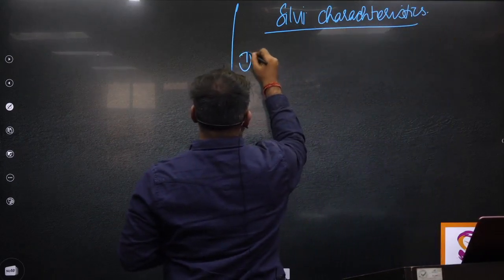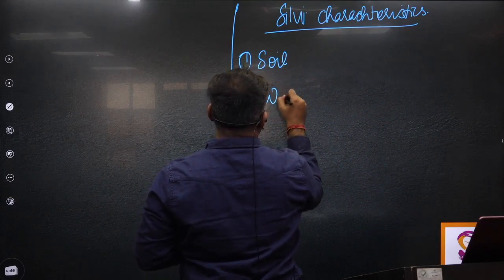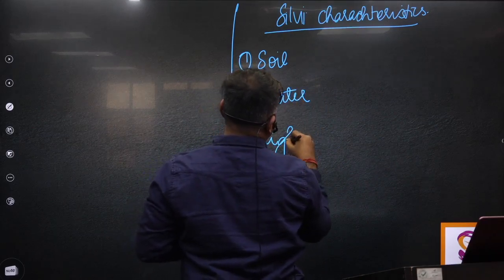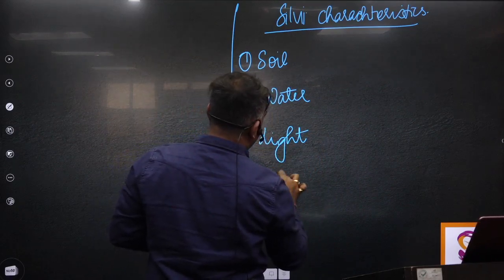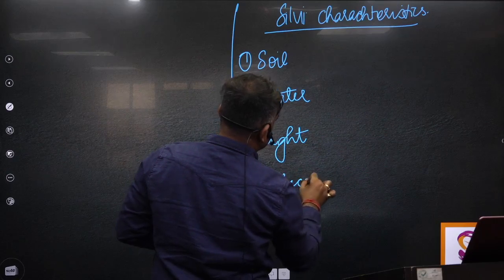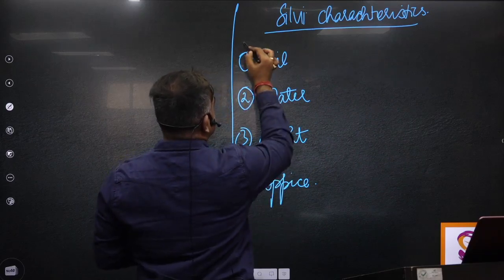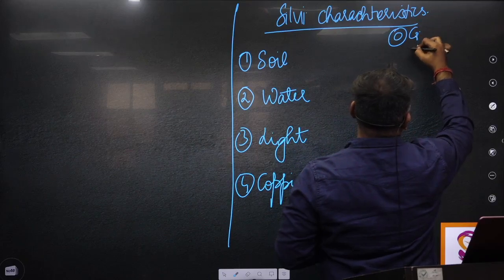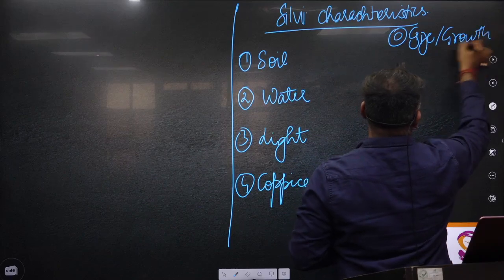What kind of soil do they prefer? Availability of water, availability of light. Is it a light demander or not? Is it able to coppice? In fact, you can even mention its overall size, some basic parts related to this, or the growth related to it.